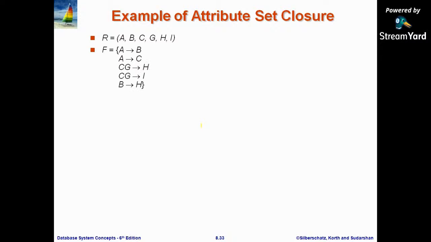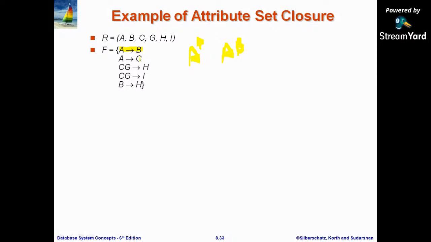Now we take one example: calculating A plus. In A plus, the result is initialized with A. A is present in the result and A tends to B, so the left hand side is present and you include B. The result becomes AB.